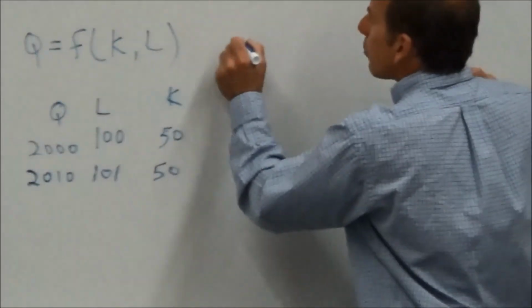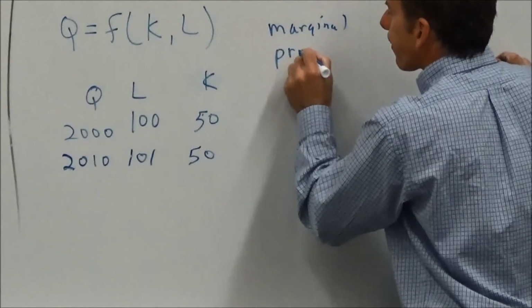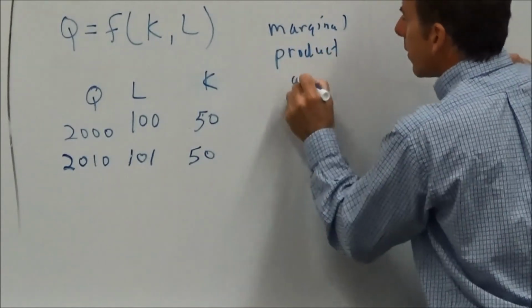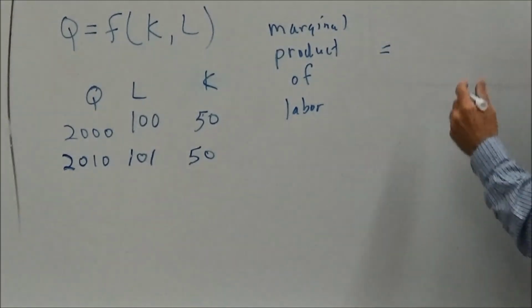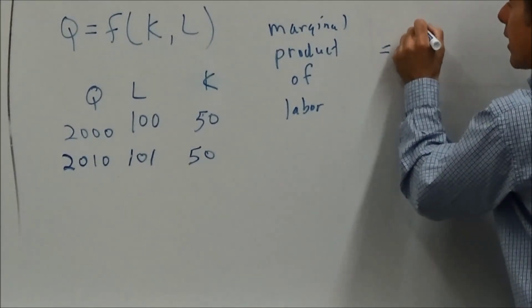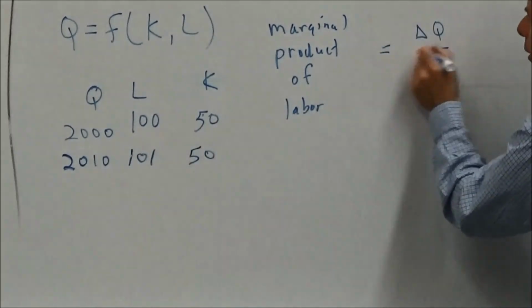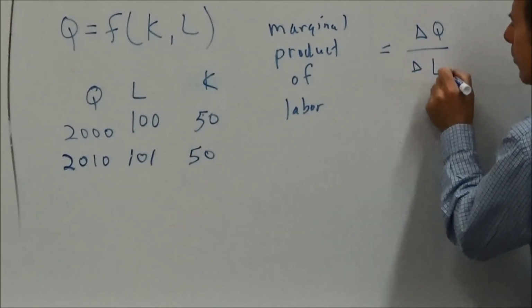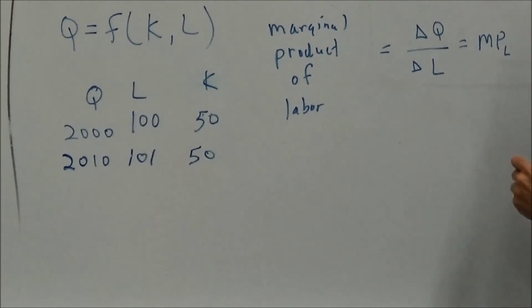So the marginal product of labor is just the change in output, Q, right? That's my change in Q, over the change in labor.